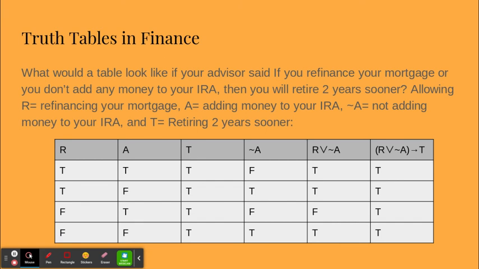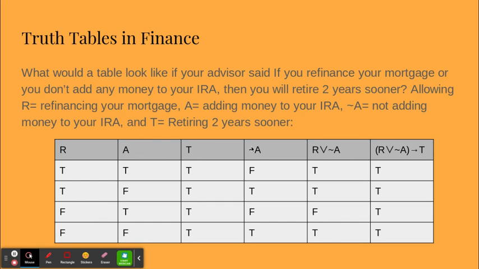So, maybe interest rates are high on your IRA, but the interest rates are looking good in the fact that if you refinance your mortgage, you'd pay a lot less monthly, and it could ultimately result in you retiring 2 years sooner. So, allowing R to equal refinancing your mortgage, A to equal adding money to your IRA, not A, meaning not adding money to your IRA, and T equaling retiring 2 years sooner.